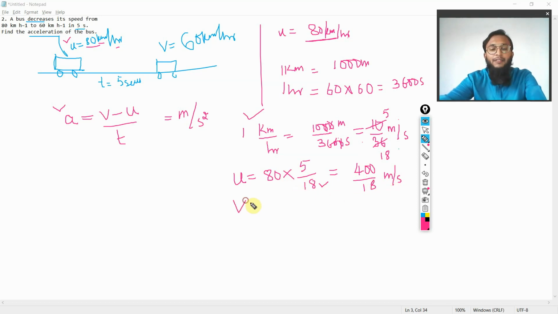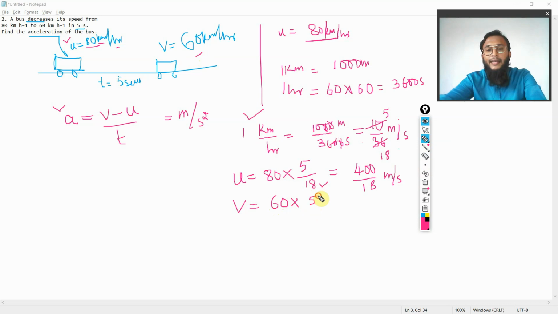Now we want the final velocity also. Final velocity v is equal to 60 kilometer per hour, as given. If this 60 kilometer per hour should be converted into meter per second, then I must multiply by 5 by 18 again.